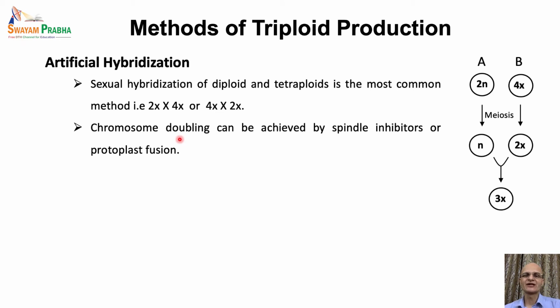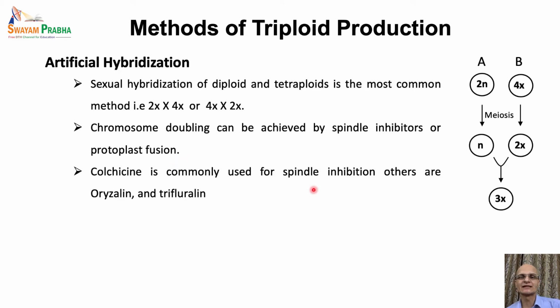Tetraploidy can be induced artificially by chromosome doubling, which is achieved either by the application of spindle inhibitors during cell division, or by the fusion of protoplasts. As we discussed earlier in in vitro androgenesis, there are several chemicals that can be used for spindle inhibition, causing the doubling of the chromosomes.